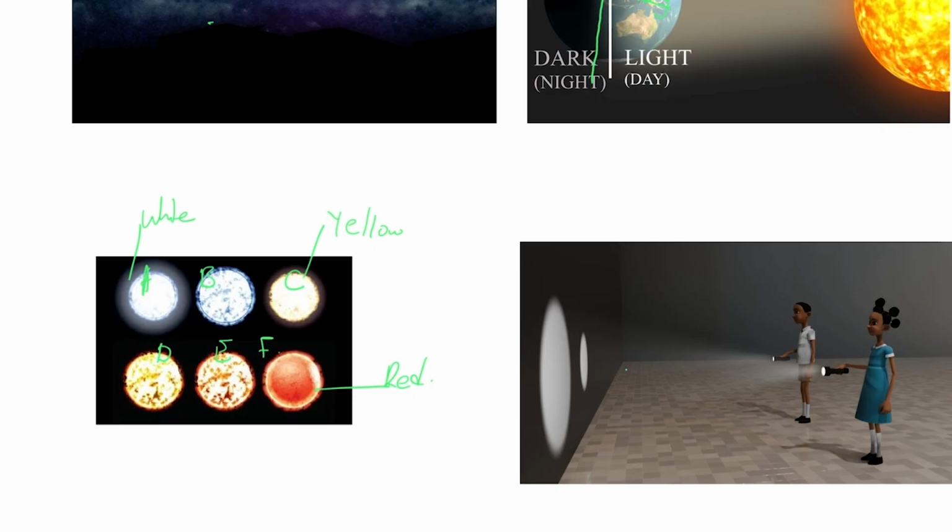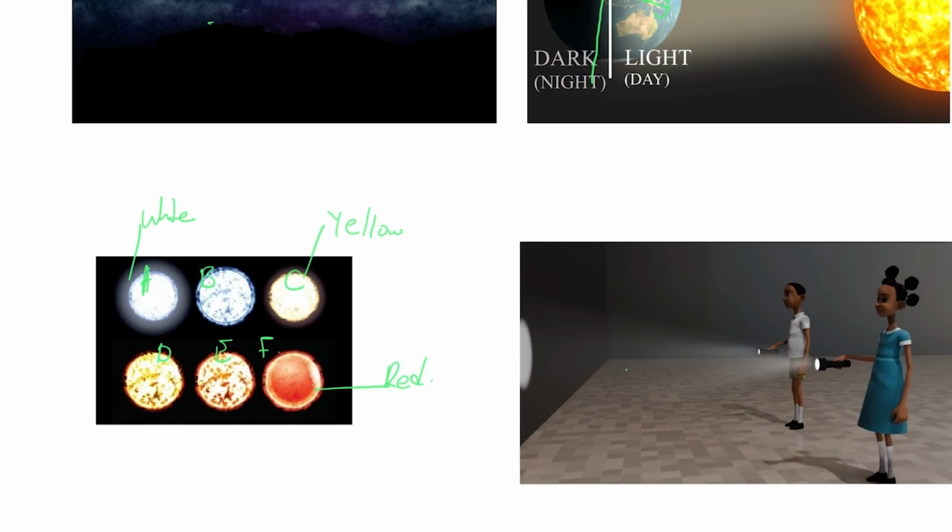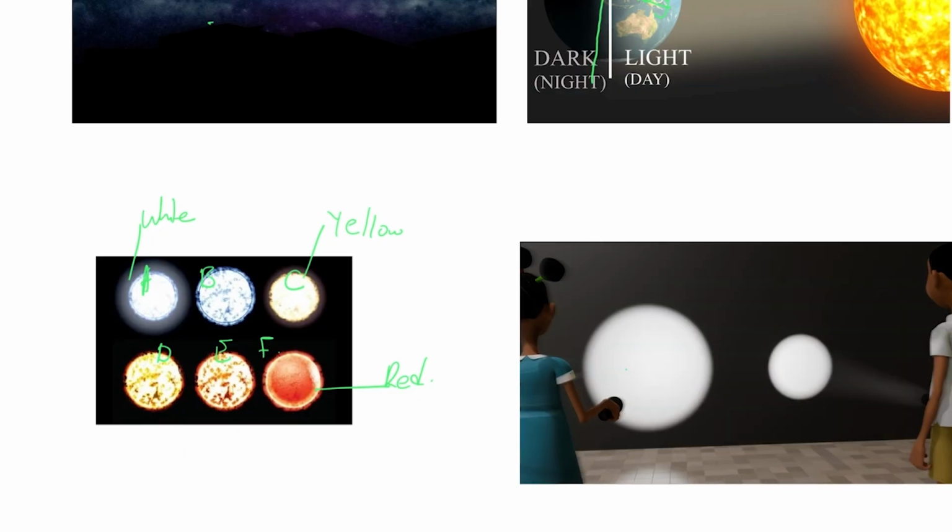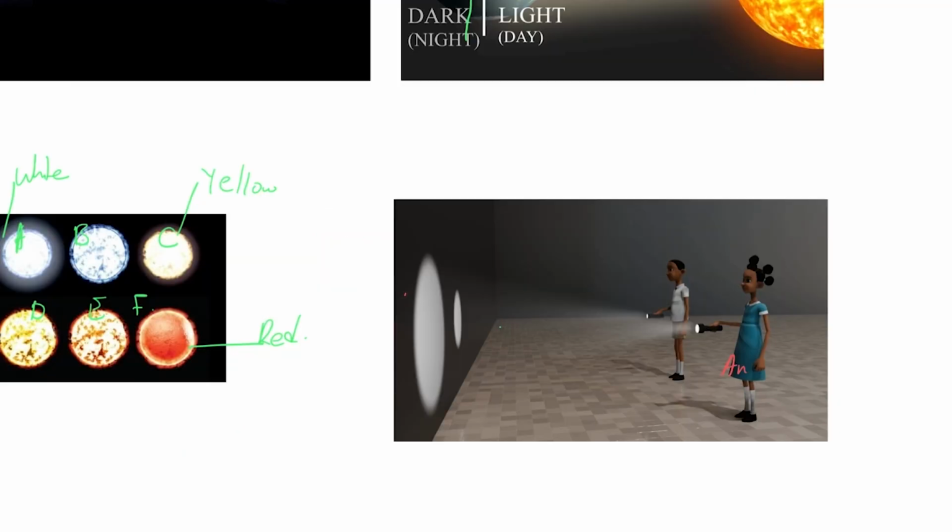Before proceeding, let us look at Sally and Emil. We have two people here, Emil and Sally. These two people have torches, torch A and torch B. What is the difference between torch A and torch B?